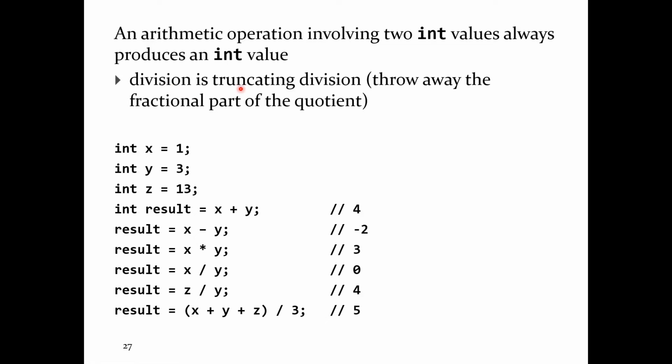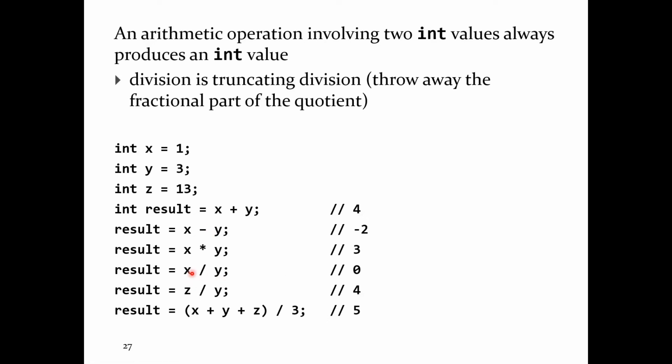In Java, division is performed using what's called truncating division. You compute the quotient and then throw away the fractional part. Here we have the values 1, 3, and 13. So x plus y is 1 plus 3, so that's 4. X minus y is 1 minus 3, so that's minus 2.